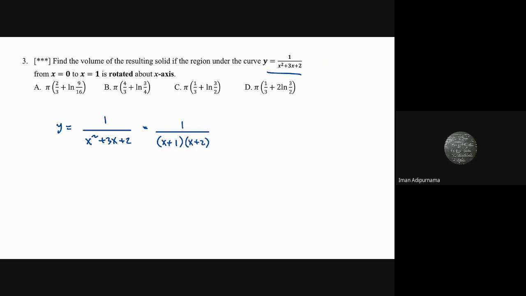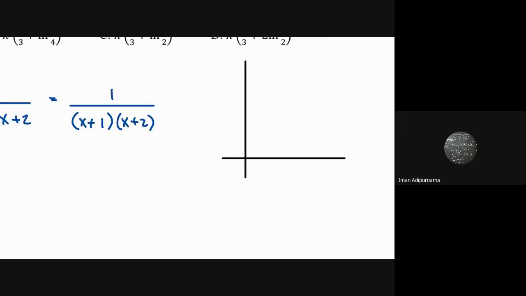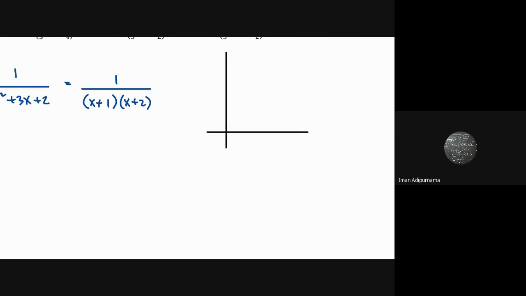That will be the curve. The curve will have an asymptote. If you want to draw the curve, I don't think you need to draw all of it because you only need to draw from 0 to 1. So probably this will be half like that, and half one.